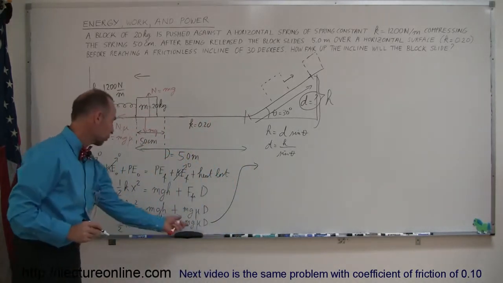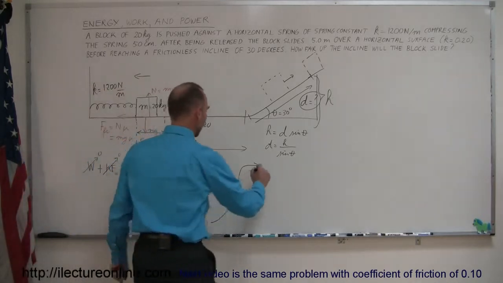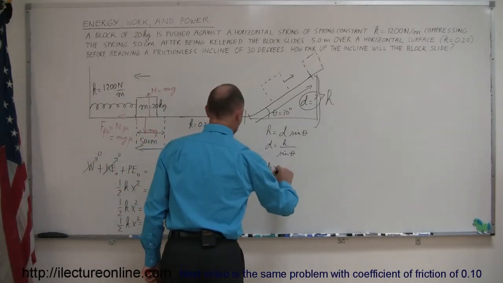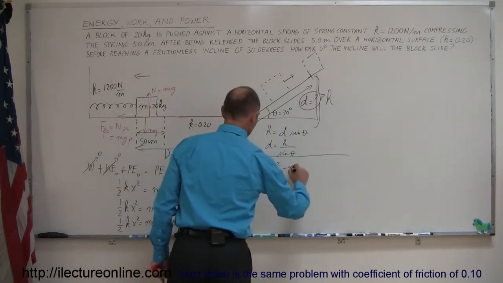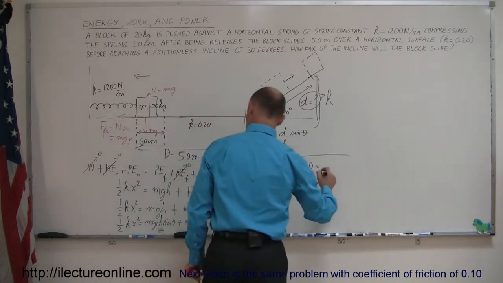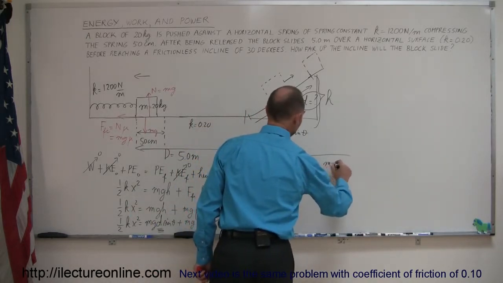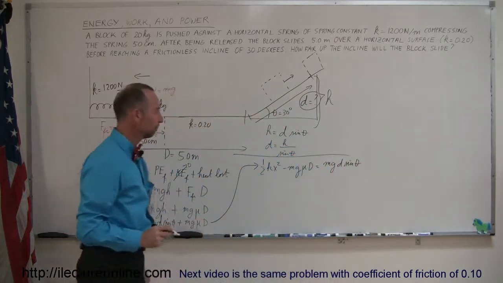which means we're going to move this term to the other side. So now we have 1/2 kx squared minus mg mu D is equal to mg d sine theta, like so.